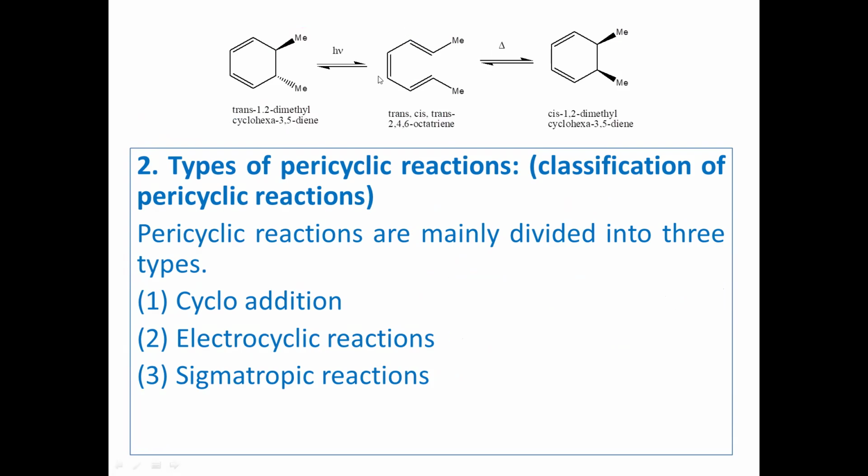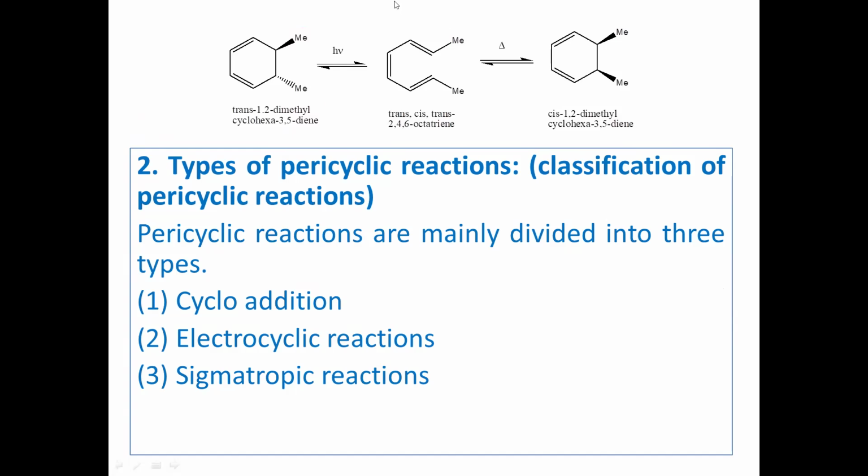When this reactant is heated, it results in the formation of cis-1,2-dimethylcyclohexa-3,5-diene, and in this product the two methyl groups are cis to each other.